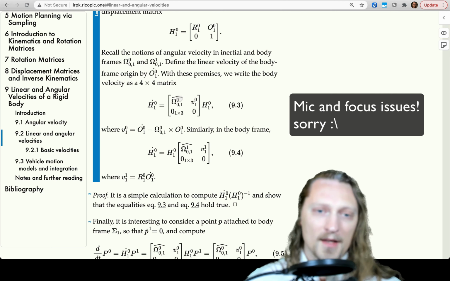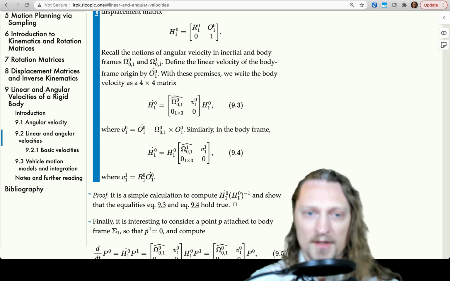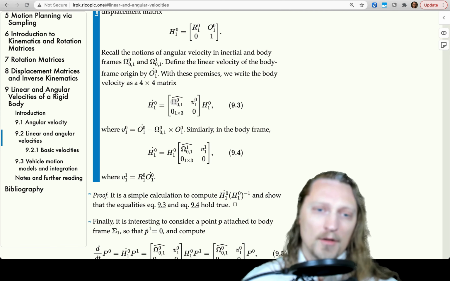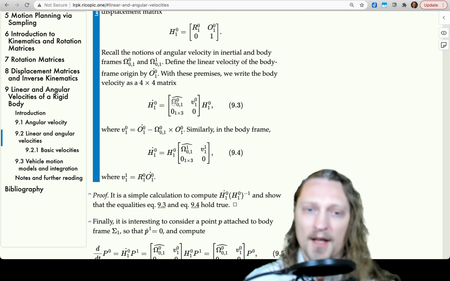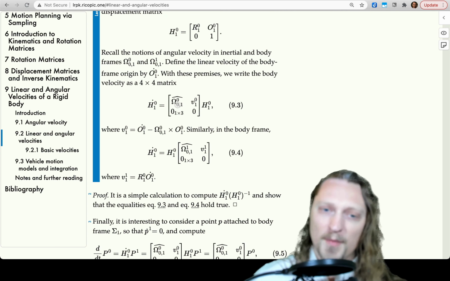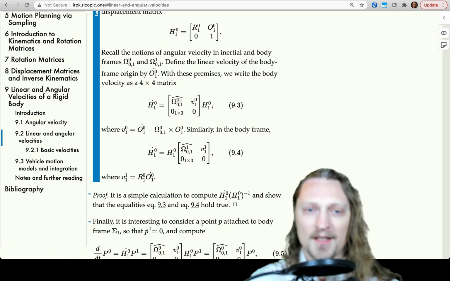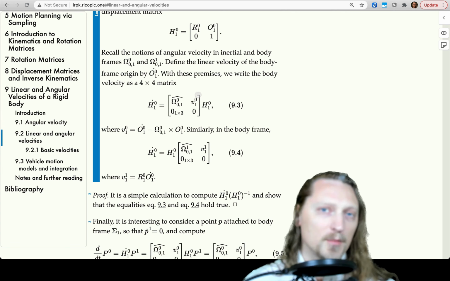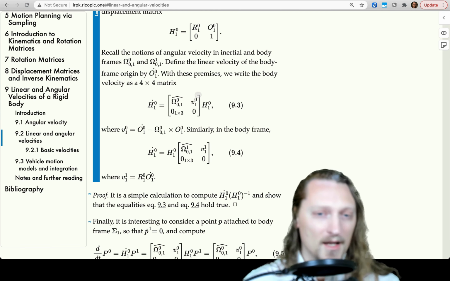This matrix has within it a skew-symmetric matrix, the hat operator, constructed via the angular velocity omega 010 of reference frame 1 with respect to reference frame 0, written in the 0 reference frame, and V10, the translation velocity.